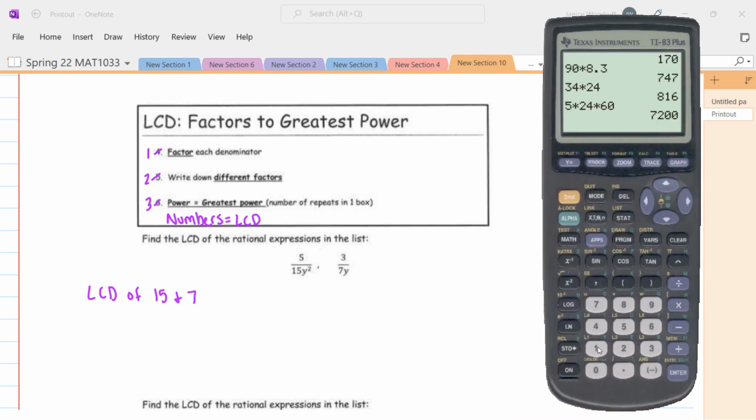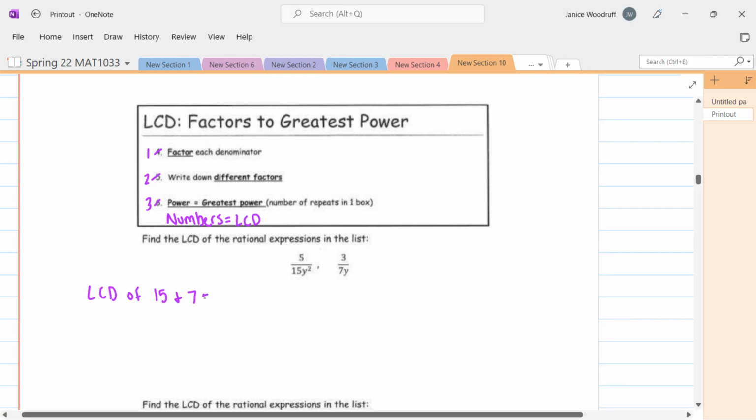So I've got 15, 30, 45, 60, 75, 90, maybe 90 would work. I think that is, nope, 105. Yeah. So really you could just multiply 7 and 15. There's nothing smaller there. So the LCD of 15 and 7 is going to be 105.